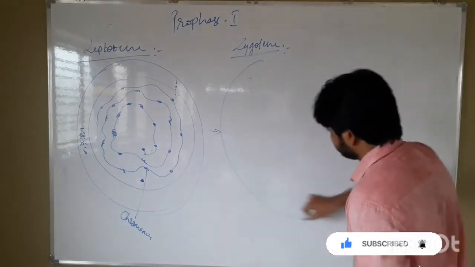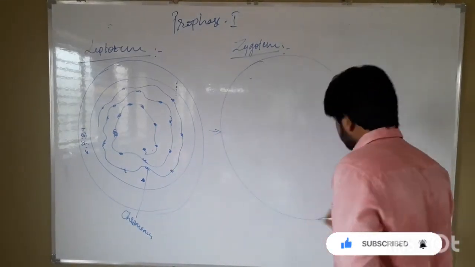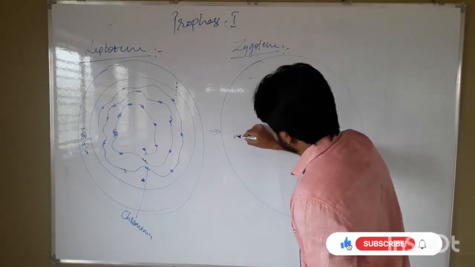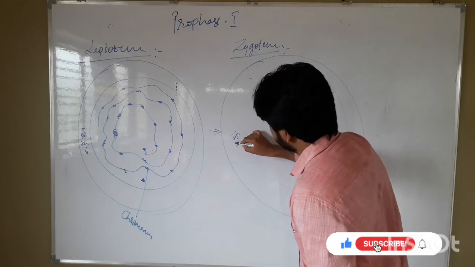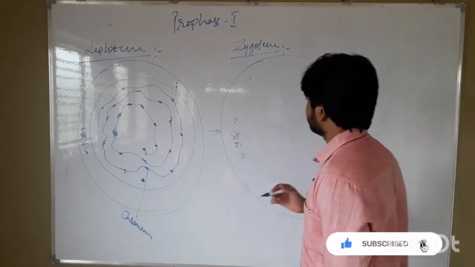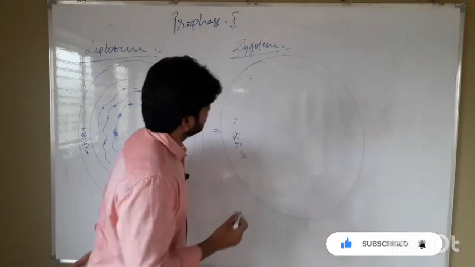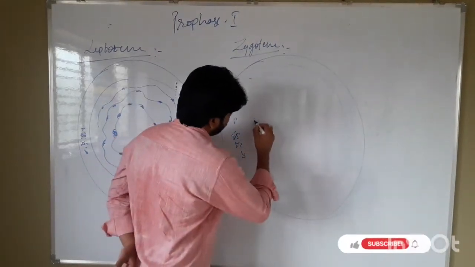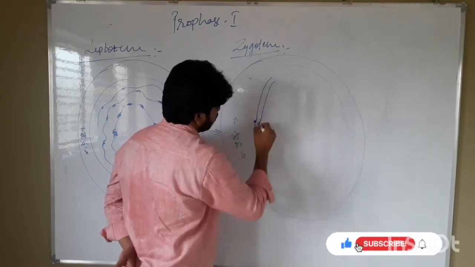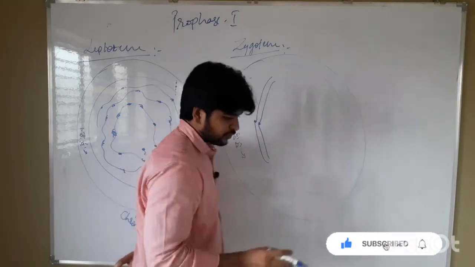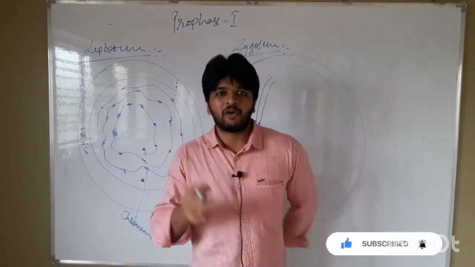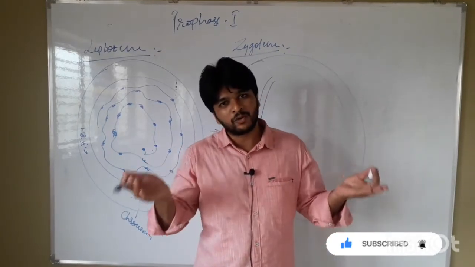During zygotene, condensation is still taking place. The journey of the centrioles has not come to an end; they are still moving. Then pairing of homologous chromosomes takes place. Homologous chromosomes are the similar chromosomes present in the father and also the mother, or in male and also female.